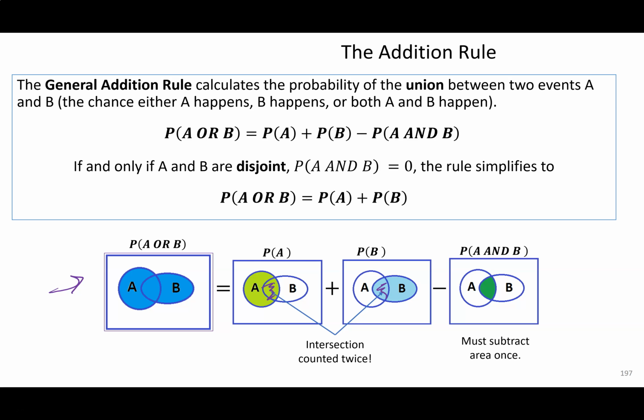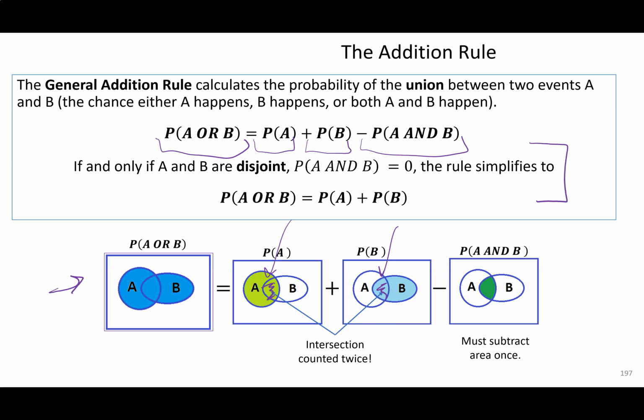So the rule itself is the probability A or B happens, so A happens, B happens, or both happen. It's the probability A plus the probability B minus the probability of both of them happening. Because we accidentally added the probability they both happen twice in there.